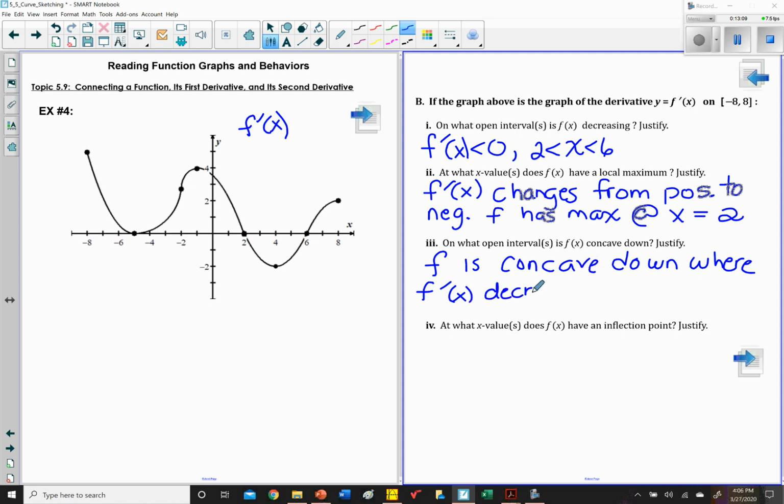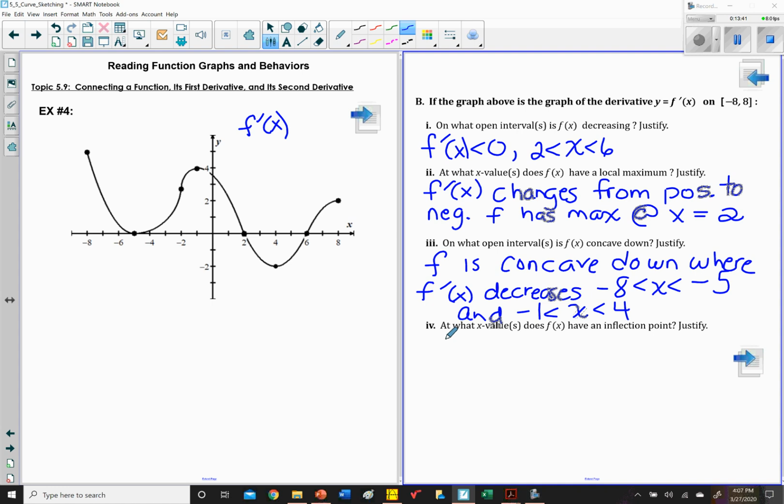So where does that happen? That looks like right in here, -8 to -5, and then -1 to +4. So 2 different places, on the interval from -8 to -5, and on the interval from -1 to +4.